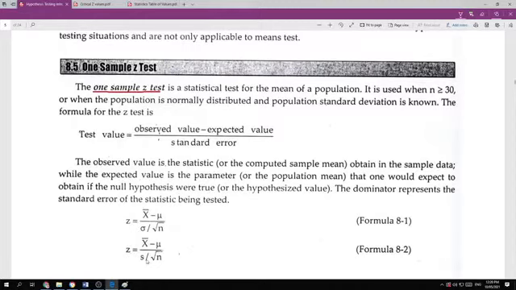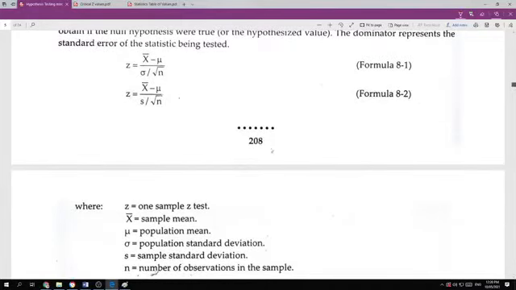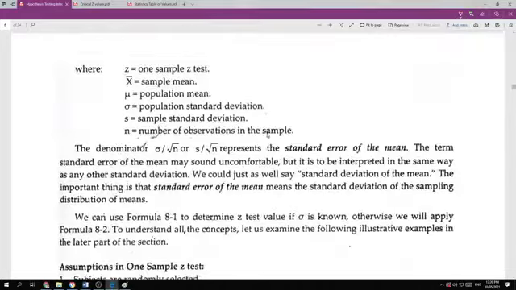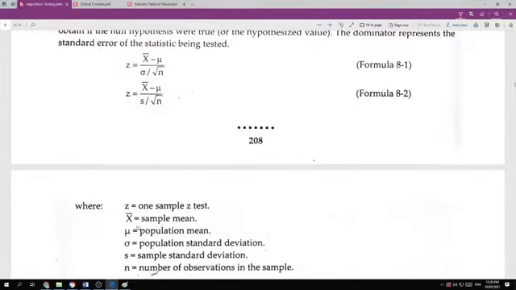Okay, let's go over the formula now. So take note of that. Z is the one sample z-test there. Sorry for that. X bar, that's the sample mean.